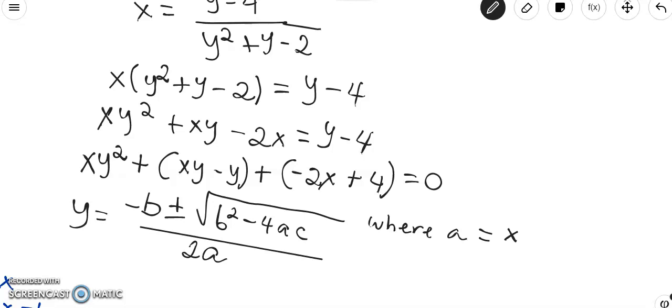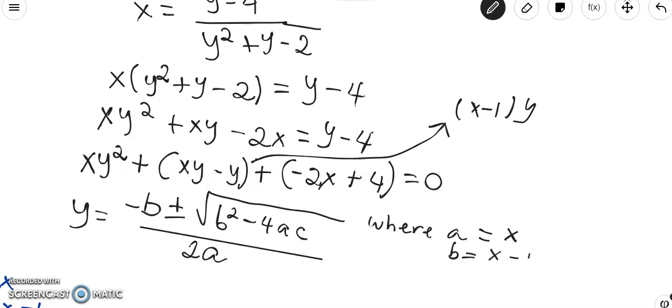Ito pala, i-factor out nyo yung y. Pag factor out mo yung y, ang matitira sa loob ay x minus 1. So, ito yung b natin. Ang b natin ay x minus 1. At ang c natin ay negative 2x plus 4.